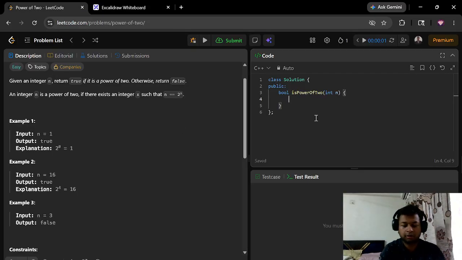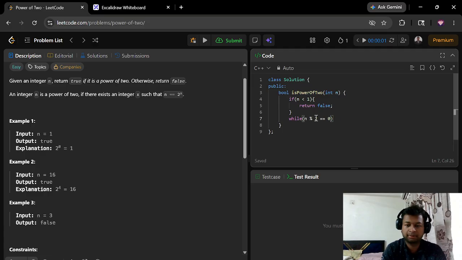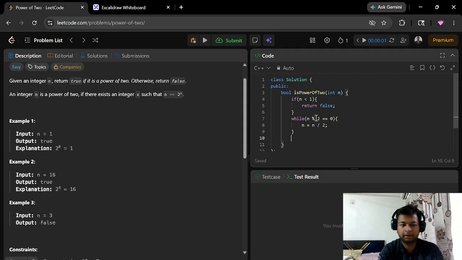Now let's do the code. Our first basic condition is if n is less than 1, we will return false, so further execution is prevented. Now we need to find the power. While n is divisible by 2, we will divide the number by 2 until the answer is 1, and then we will return n equal to 1 to check whether n is 1 or not.